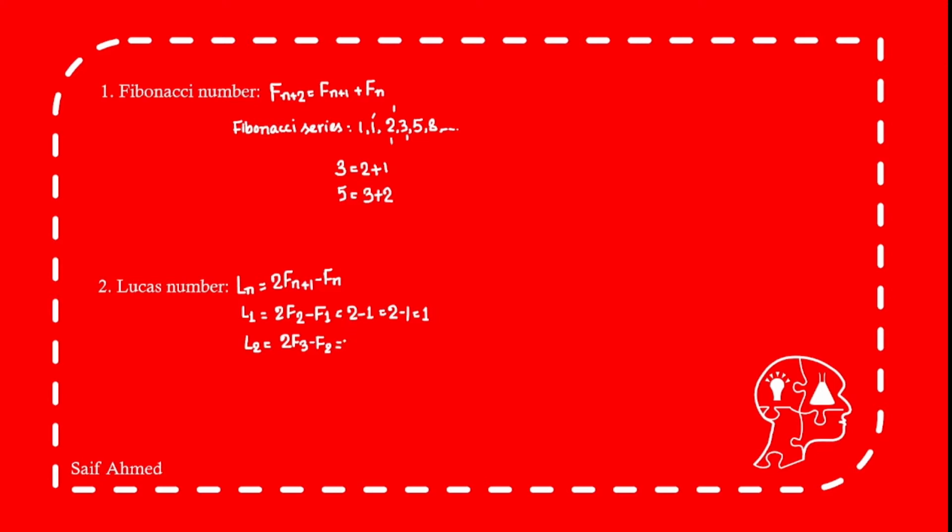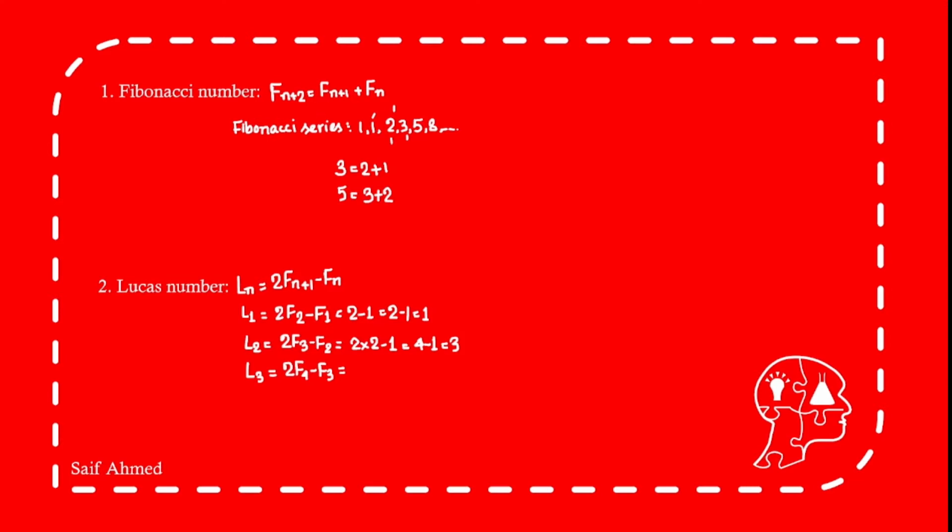For the third term, 2f(3): the third term goes here as 2, and I multiply it by 2 minus 1. Finally I get 4 minus 1, which is equal to 3. So the third term of the Lucas number L3 is equal to 2f(4) - f(3).